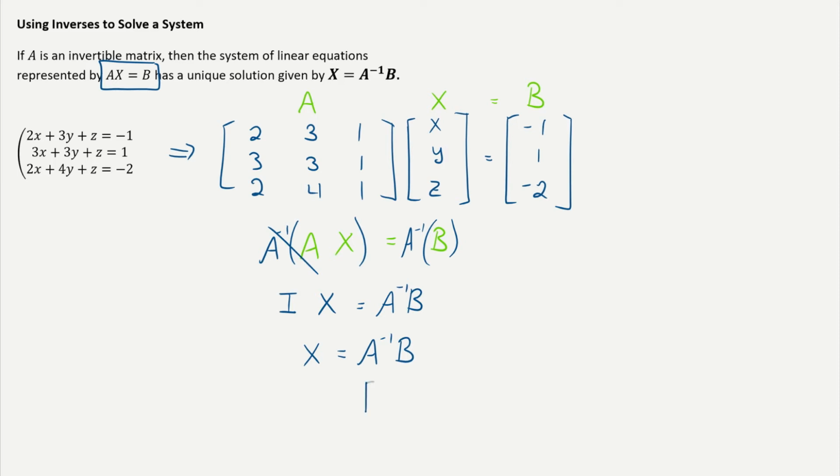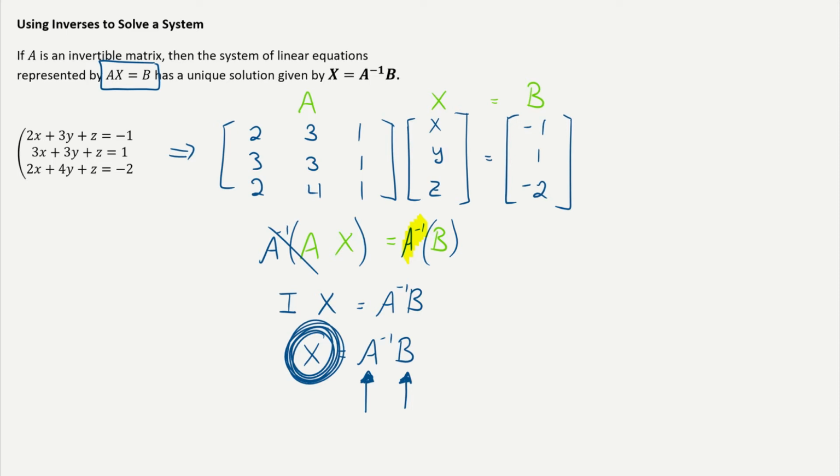So if I can figure out what the inverse matrix is, I will just multiply it by the B matrix, that solution matrix. And that would give me the value of the variables that I want. Now notice a very important thing. I multiplied B on the left side, because remember, matrix multiplication is not commutative.